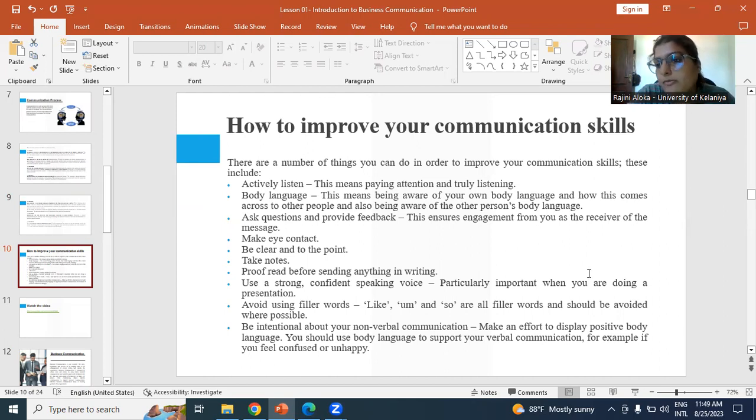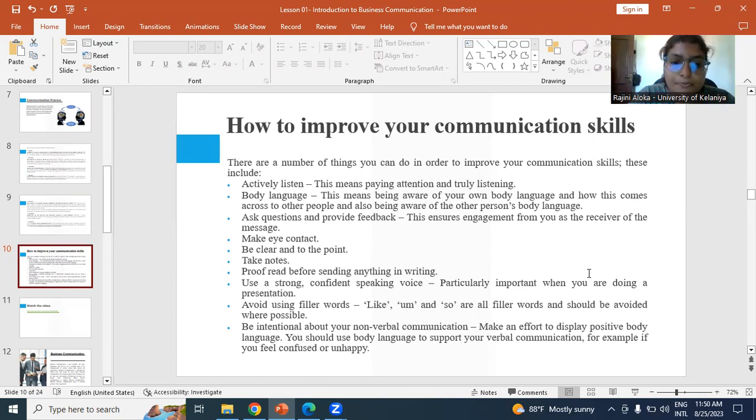For example, if you are in a meeting, your body language shows the one who's presenting, the superior, that you are bored or not interested or not paying attention. So body language plays a very important role when it comes to nonverbal communication.